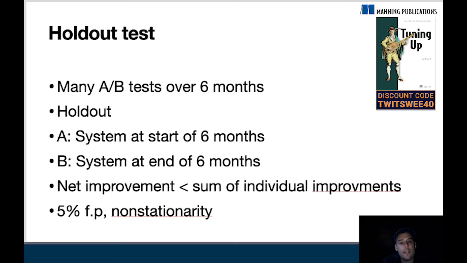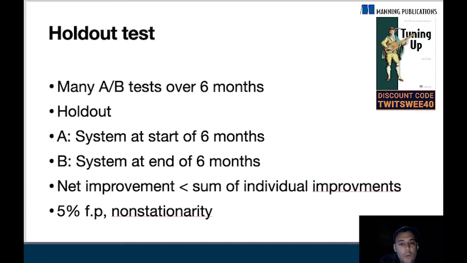Let's say you ran 10 A/B tests and each of them improved your revenue by $100. At the end of 6 months, you'd expect to have revenue of $1,000 greater, or 10 times $100, than you had at the beginning of that 6 months. What people often see, however, is that that is not the case, that the total improvement is less.